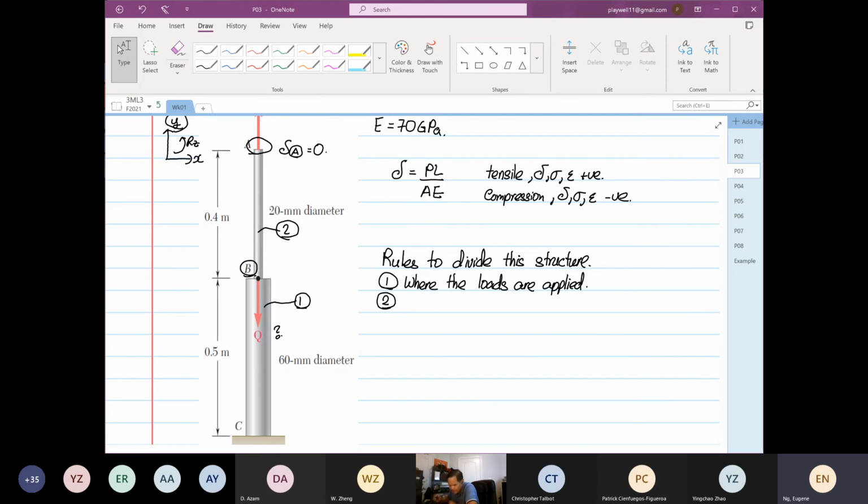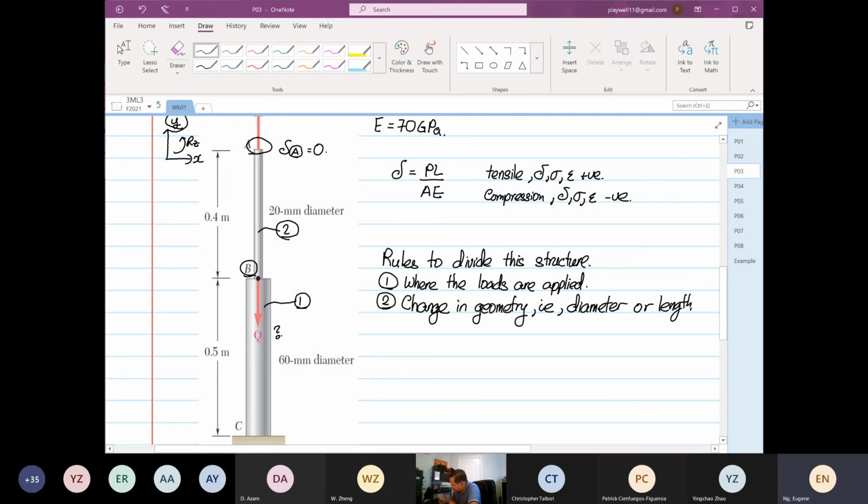The next one is where there's a change in geometry, okay, i.e. either in diameter or length.